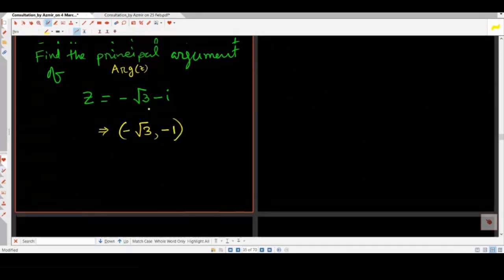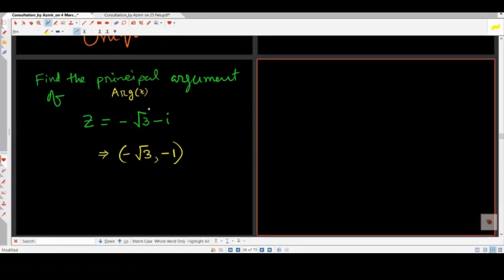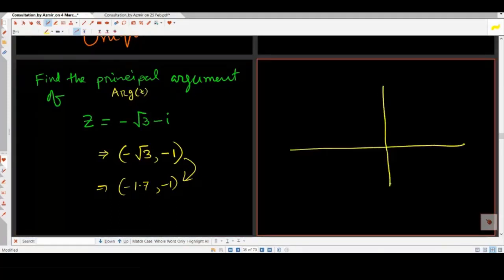So let's try to locate this one in the Argand diagram. It is actually negative 1.73, comma, negative 1. This is the numerical value of this complex number. So let's try to locate the point. We have to find out in which quadrant it lies.